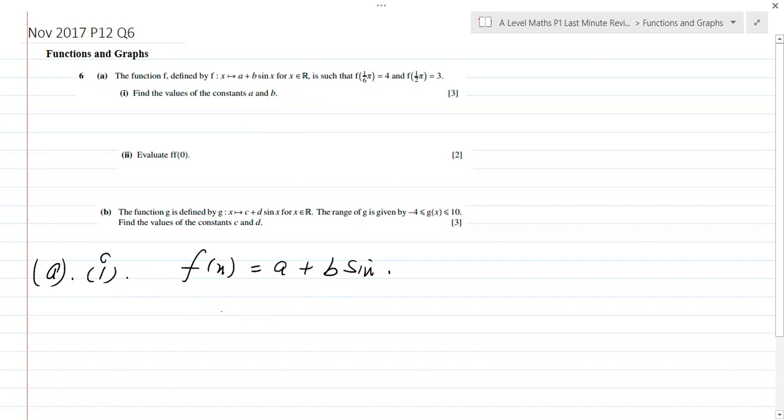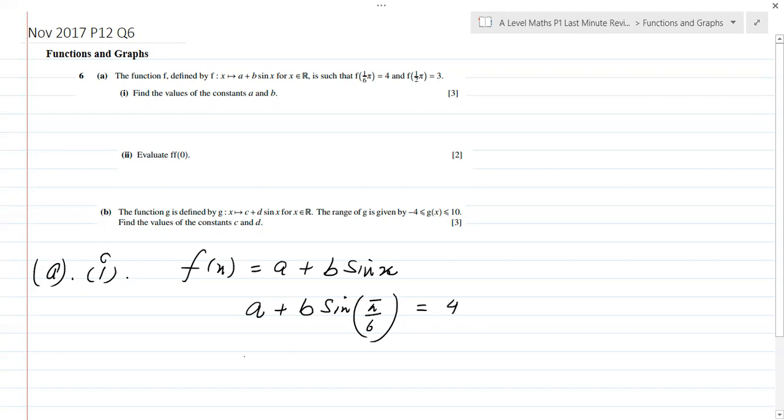So the first equation that we get would be a plus b sine x, so sine of 1 over 6 pi, so that's pi by 6. We equate that equal to 4.